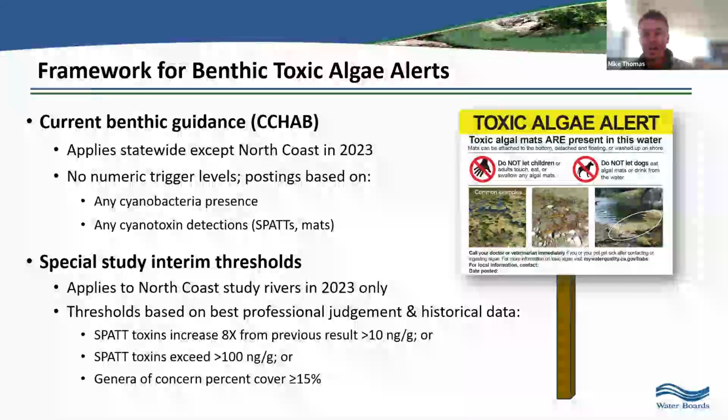To more accurately identify health risks, the regional board developed interim thresholds for the 2023 portion of their studies based on best professional judgment and historical data. These include the SPAT and percent cover components shown there at the bottom of the slide. It's important to note that these numbers are not based on any human health risk assessments or health endpoints.